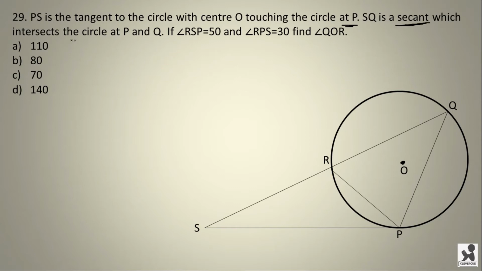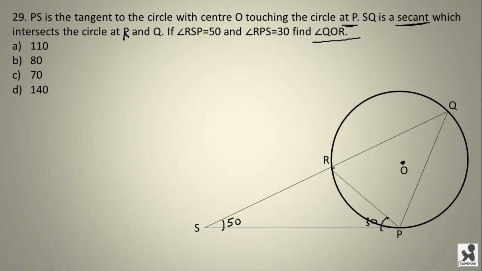It intersects the circle at R and Q. Angle RSP is given as 50 degrees and angle RPS is 30 degrees. Then find angle QOR.